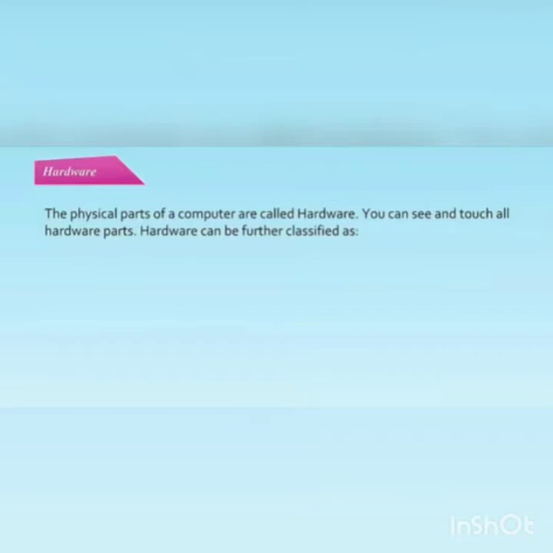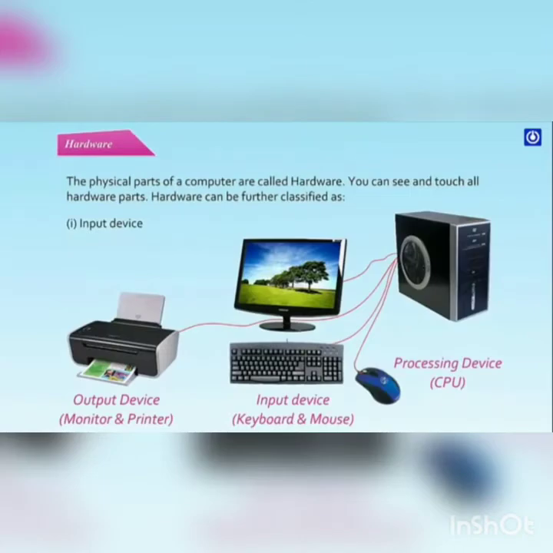Hardware can be further classified as: the first one is input device, that is keyboard and mouse. Next, processing device, that is CPU.